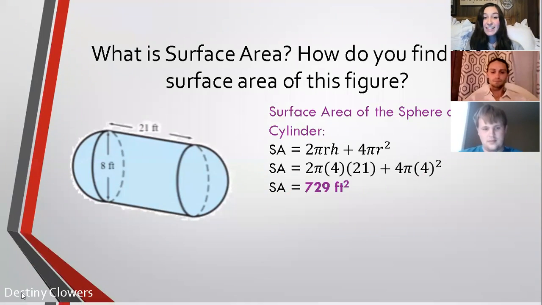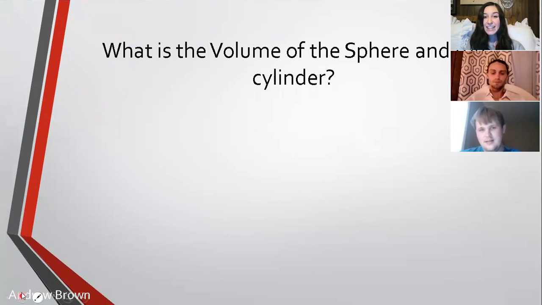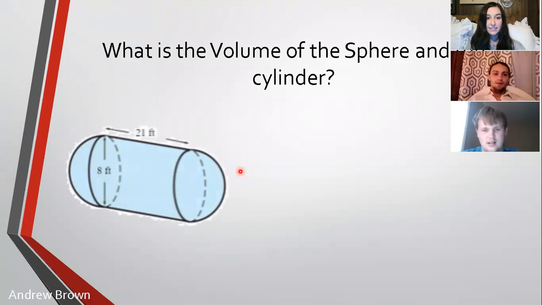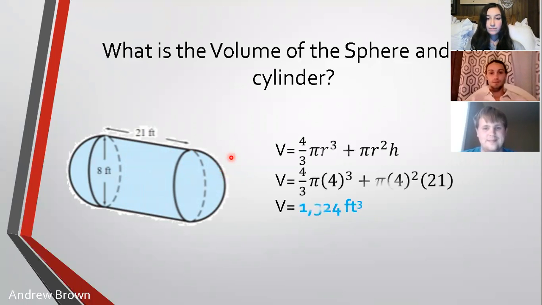Now we've got one last question for Andrew, and I want to know what the volume of the sphere and the cylinder is. Okay, this is a pretty short one. The formula is 4 divided by 3 times pi r cubed.